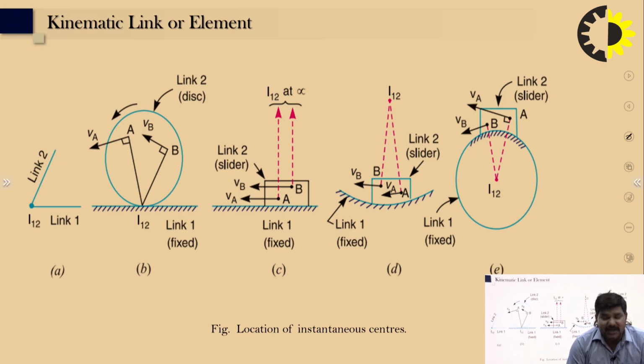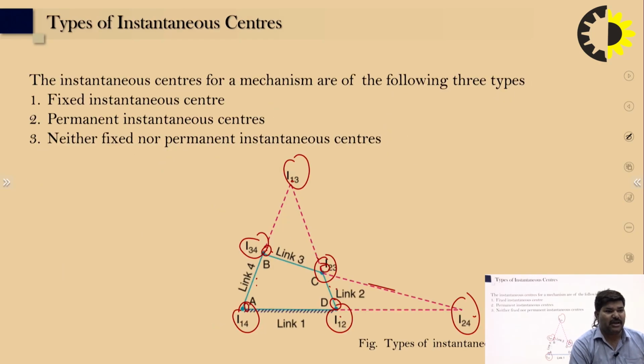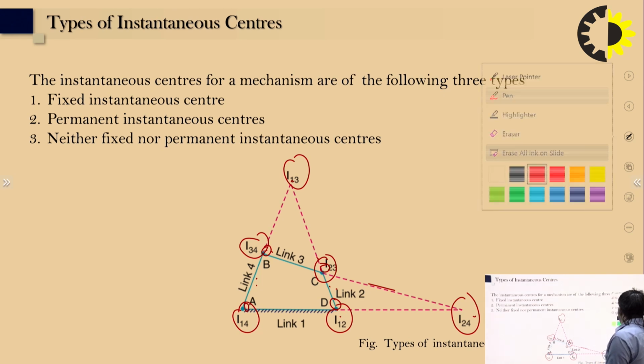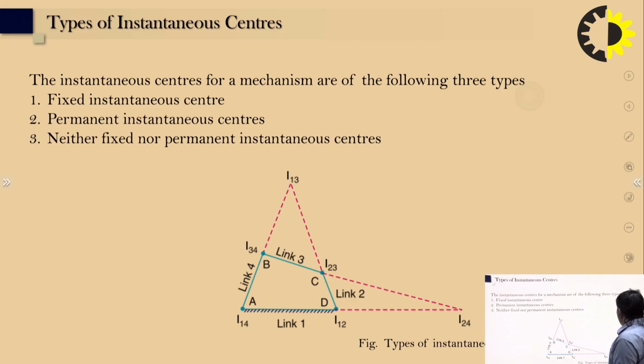If 2 links are connected by a pin point, right, then the instantaneous center is found at that joint. You can see here that I mention point 14.